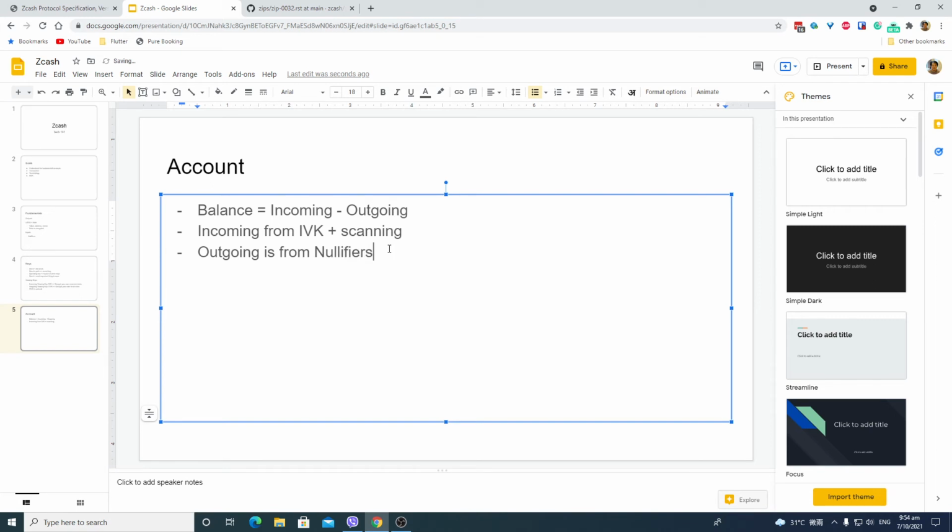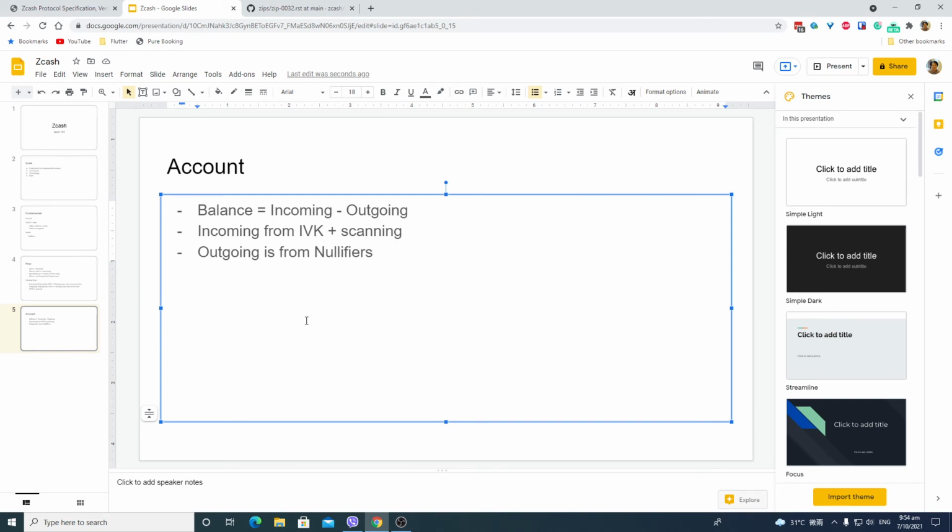There's a trick here that's important to notice: if you only have the IVK, you would not be able to detect this part, and these are very unrelated. Without detecting this part, you will obviously overestimate the balance of your account, right? So it's very important to have the nullifier, and this comes from having the full viewing key.